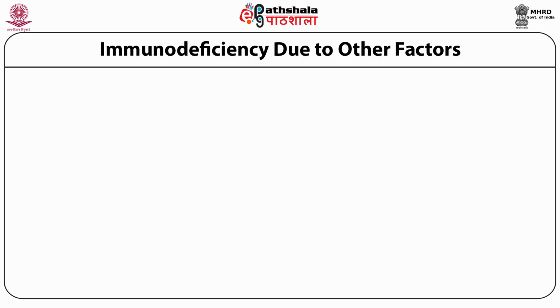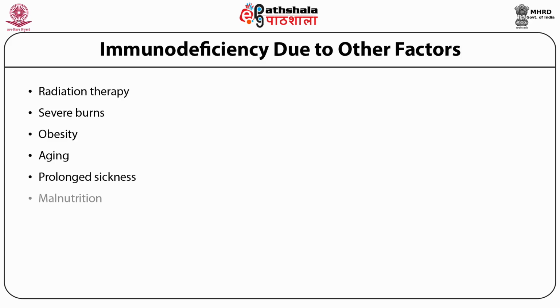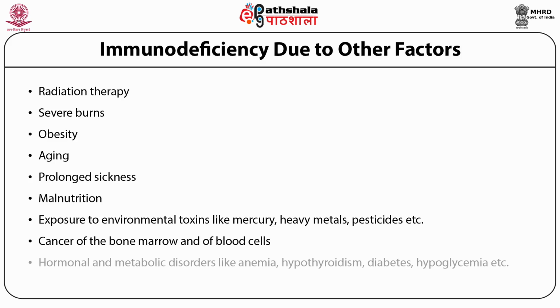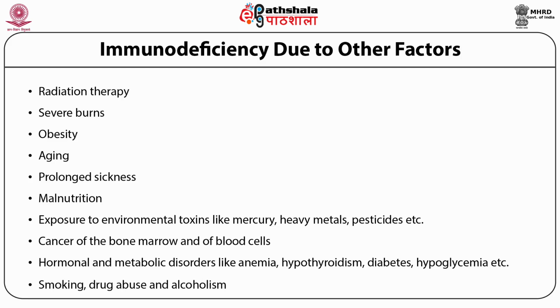These factors include radiation therapy given to treat various forms of cancer, severe burns, obesity, aging, prolonged sickness, malnutrition, exposure to environmental toxins like mercury, heavy metals, pesticides, etc., cancer of the bone marrow and of blood cells, also called leukemia or lymphoma, etc., hormonal and metabolic disorders like anemia, hypothyroidism, diabetes, hypoglycemia, etc. Smoking, drug abuse, and alcoholism also lead to suppression of the immune system.